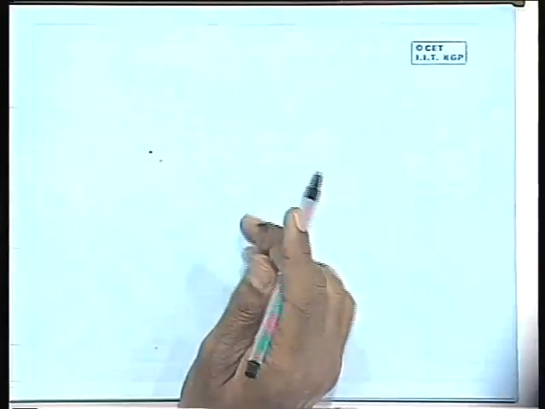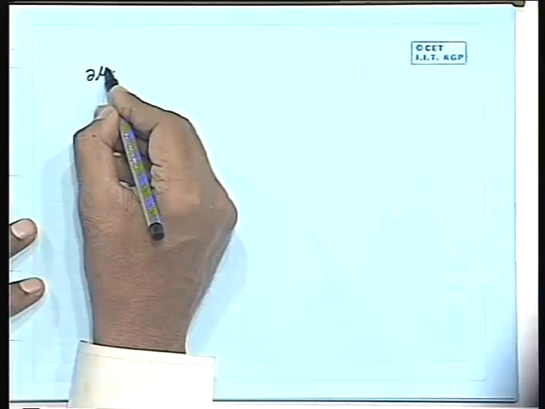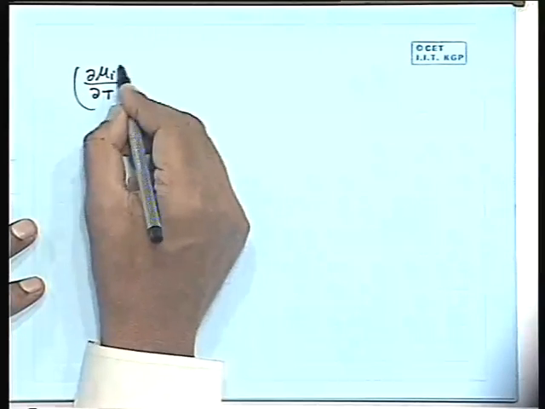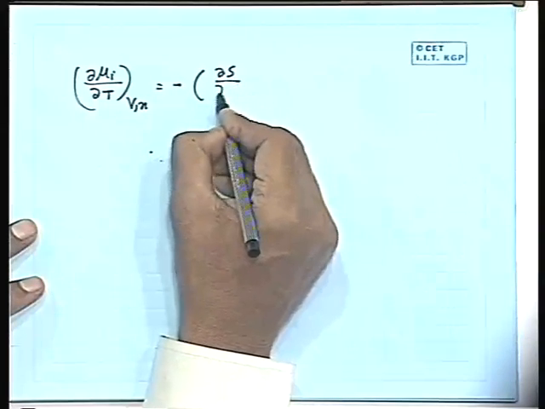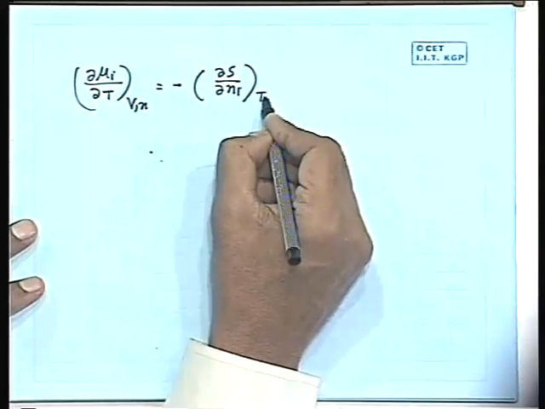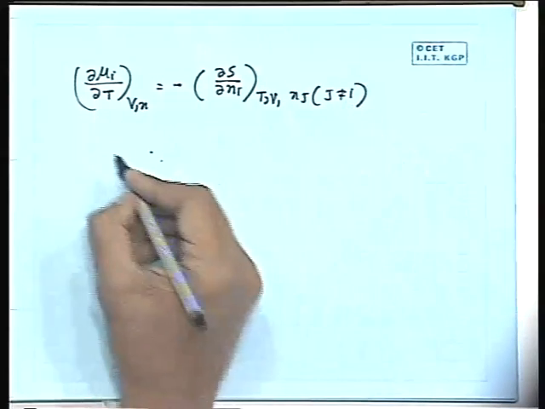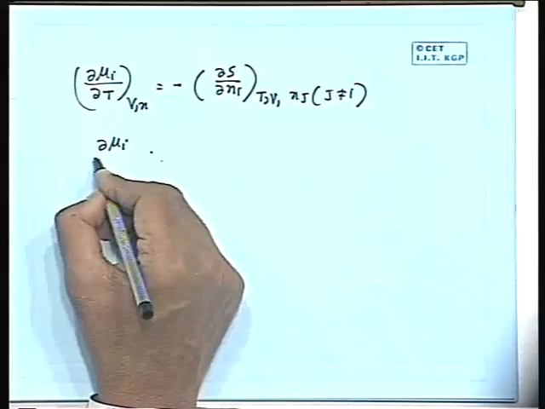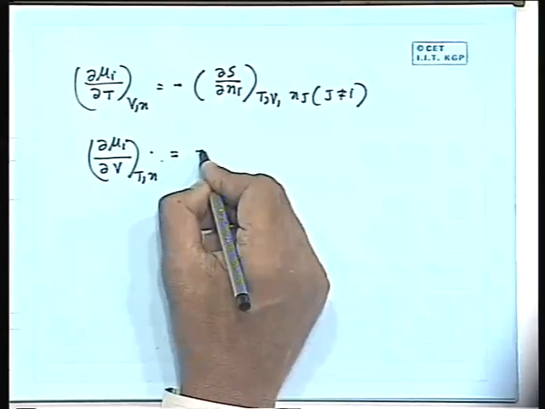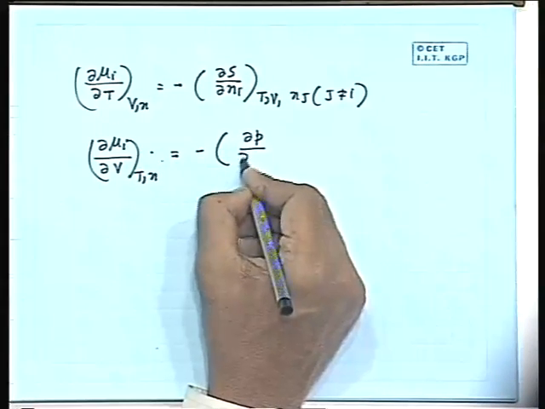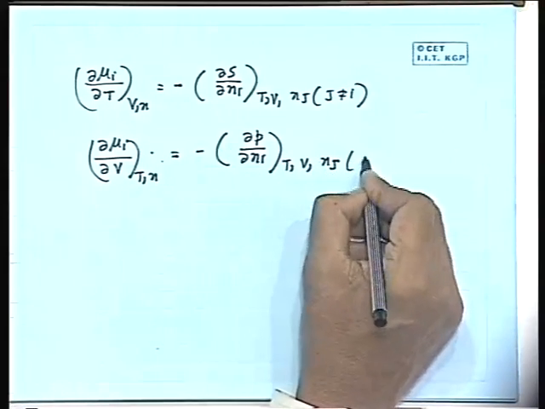So del mu i del T at V and n is minus del S del n i at T, V and Nj, j not equal to i. Similarly, del mu i del V at constant T and n is equal to minus del P del n i at T, V, Nj, j not equal to i.